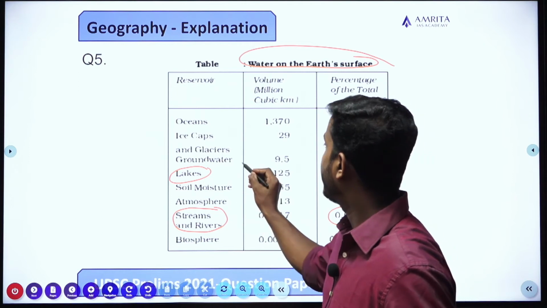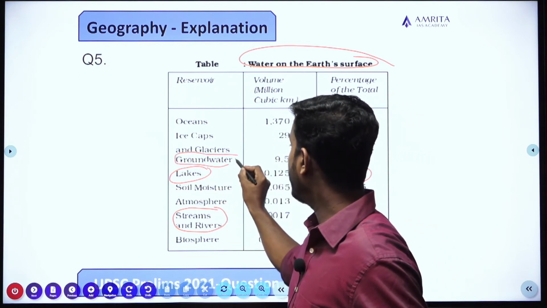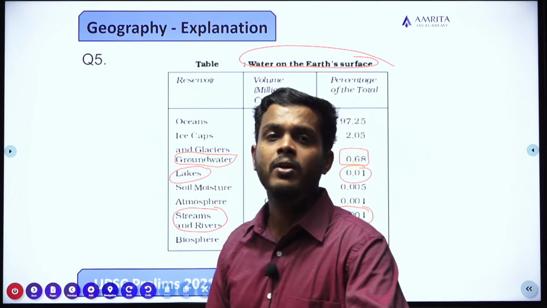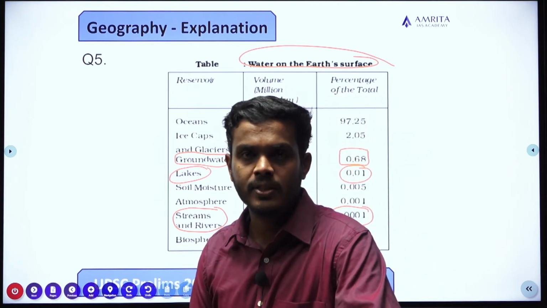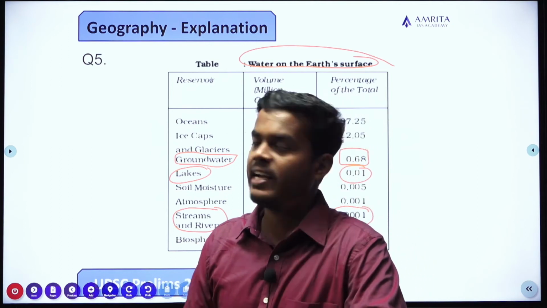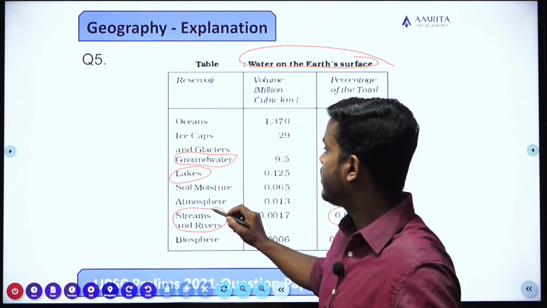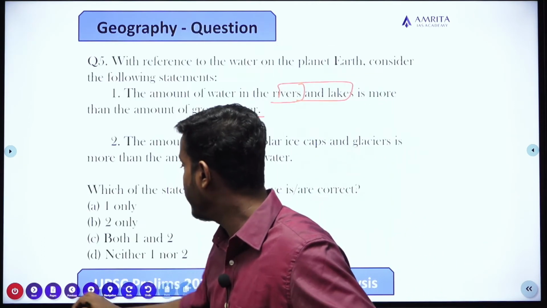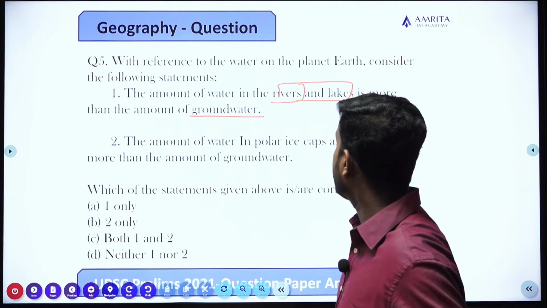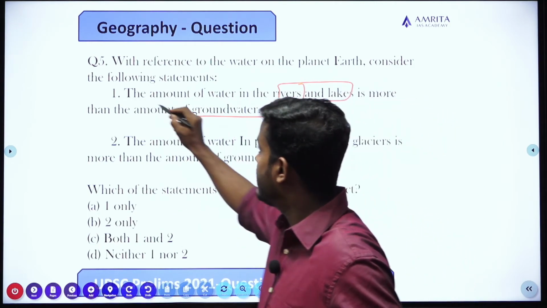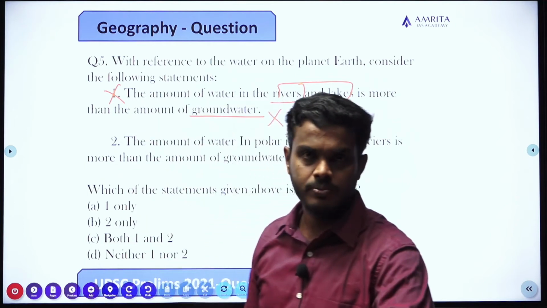And what about groundwater? Groundwater has almost 0.68% of the total water on the Earth's surface. So the amount of groundwater is very much higher than the amount of water in lakes and rivers. So the first statement is wrong.